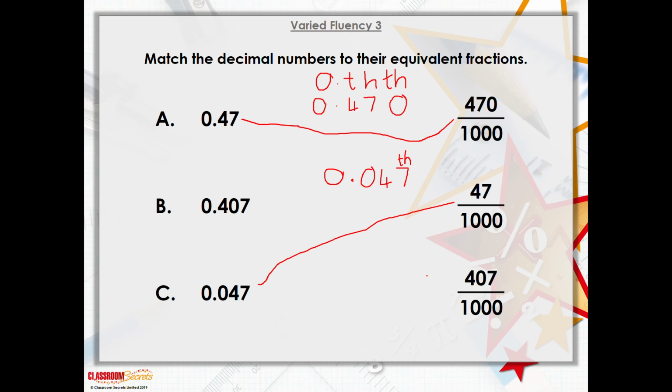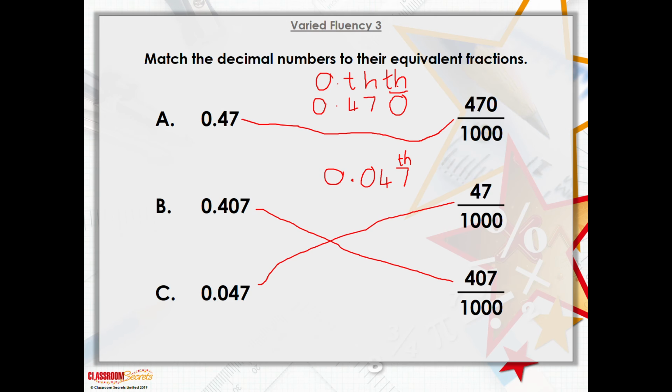And so finally, 407 thousandths is the same as 0.407. So what I'm trying to say to you is it's all about your place value and knowledge of your place value. If you know that the thousandths column is the third along after the decimal point, then you can try and figure out where the other digits would go.